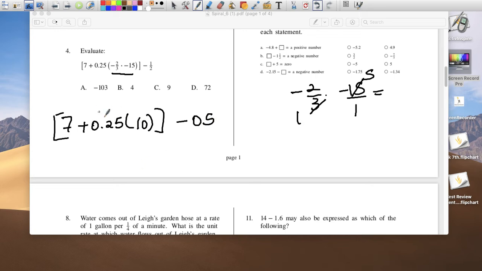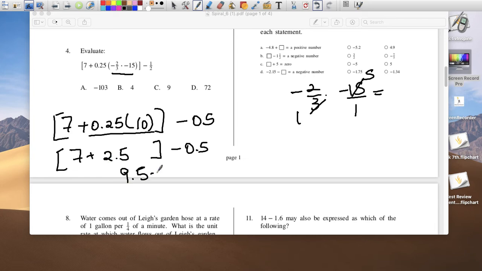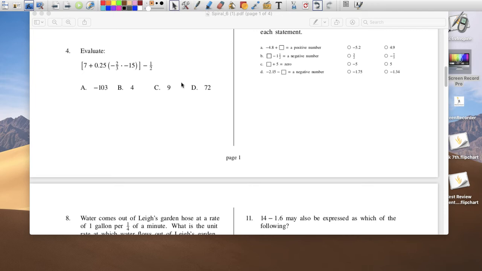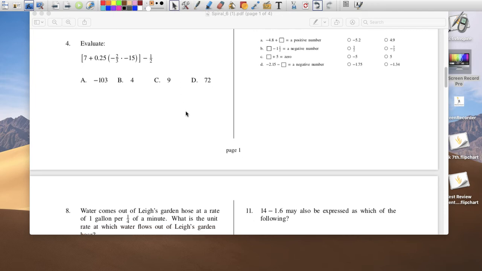So order of operations, now I'm going to take care of these two guys over here. 7 plus 0.25 times 10 is the same thing as saying what's 1/4 of 10, and 1/4 of 10 is 2.5, minus 0.5. 7 plus 2.5 is 9.5, and if I subtract that, there we go, our answer is going to be 9. 9.5 minus 0.5 is 9. You still need to know the order in order to enter this in your calculator.